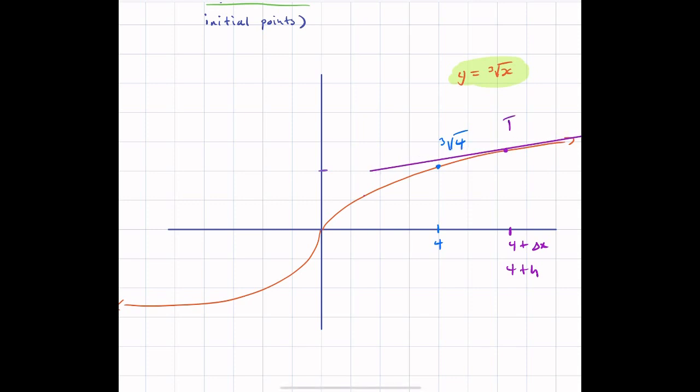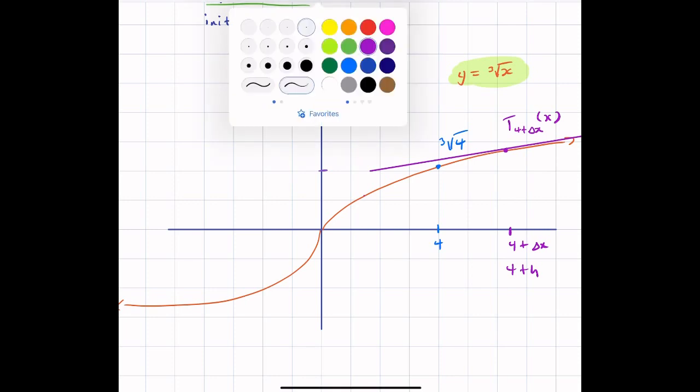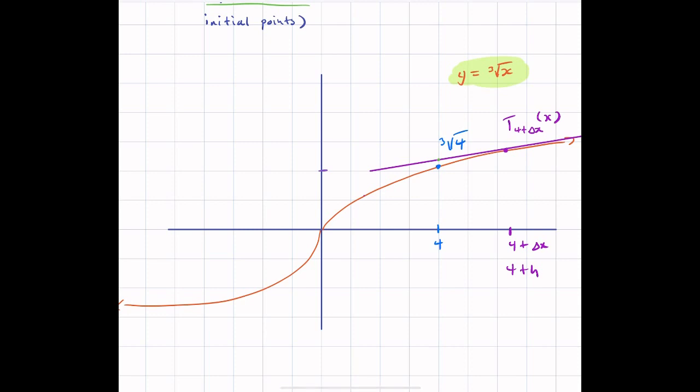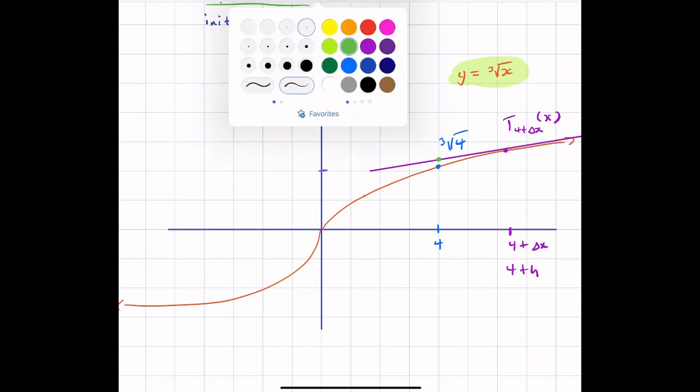This is the tangent line at 4 plus delta x as a function of x, and this is going to give me a pretty good approximation. If I look at the value of the tangent line at that point, it's going to be very close to the graph of the function, and so that's my approximation.